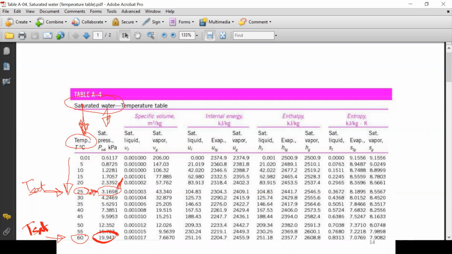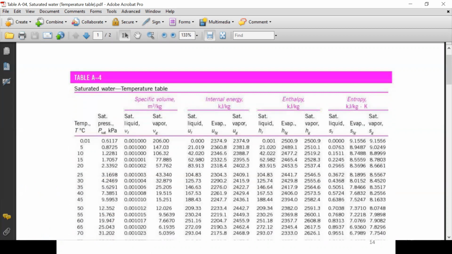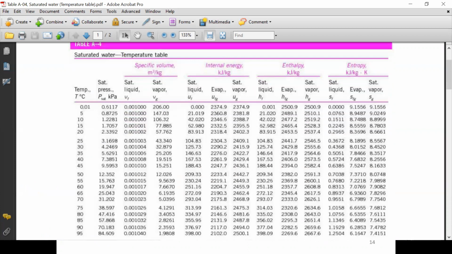Of course, when I reach atmospheric pressure, going further down, before atmosphere you can see here 95, which is close to 100, and the pressure is coming closer to the atmosphere. What's atmosphere, 106 or something? Yeah, 101. Okay.